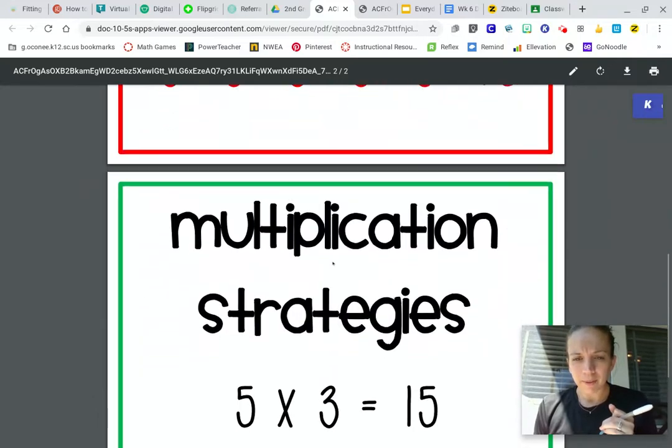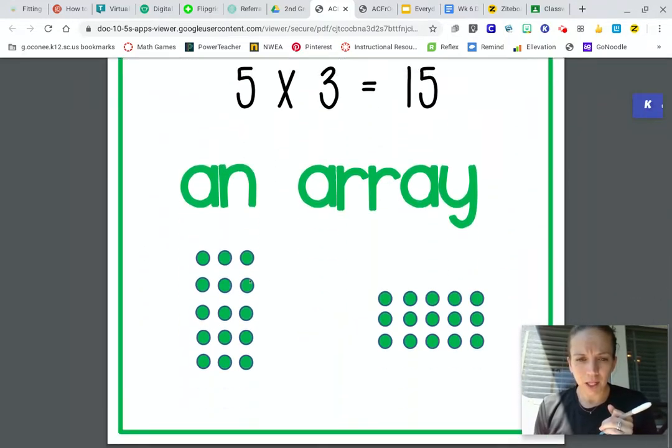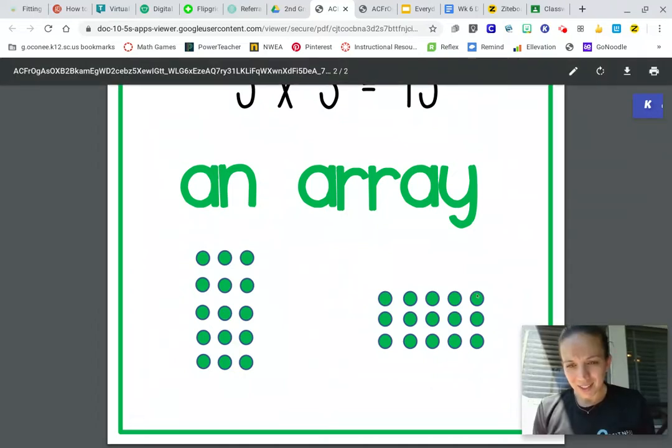If I come down here, here's another array. I've got 1, 2, 3, 4, 5 rows and 3 columns. So I could say 3 plus 3 plus 3 plus 3 plus 3, and that would give me 15. If you notice, all they did was turn this one sideways, and you get the same answer.